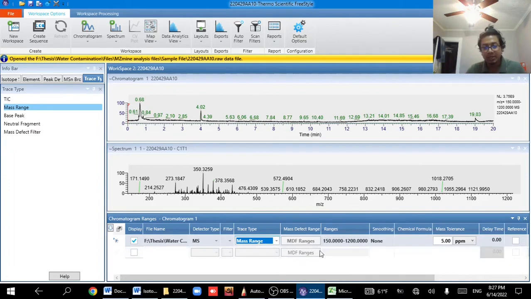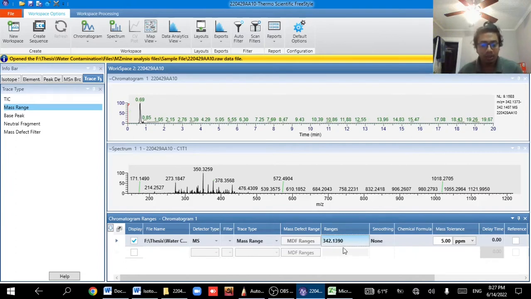After that, you will find the ranges here. Simply input the m/z value here, like it was 342.130, I make it 4 digits. Okay, then click enter, and you will find the graph and peak here.